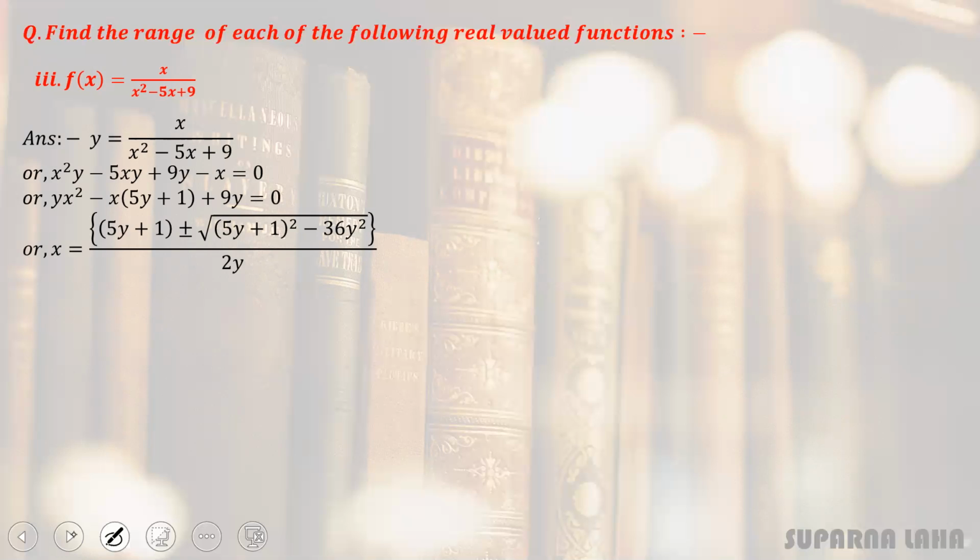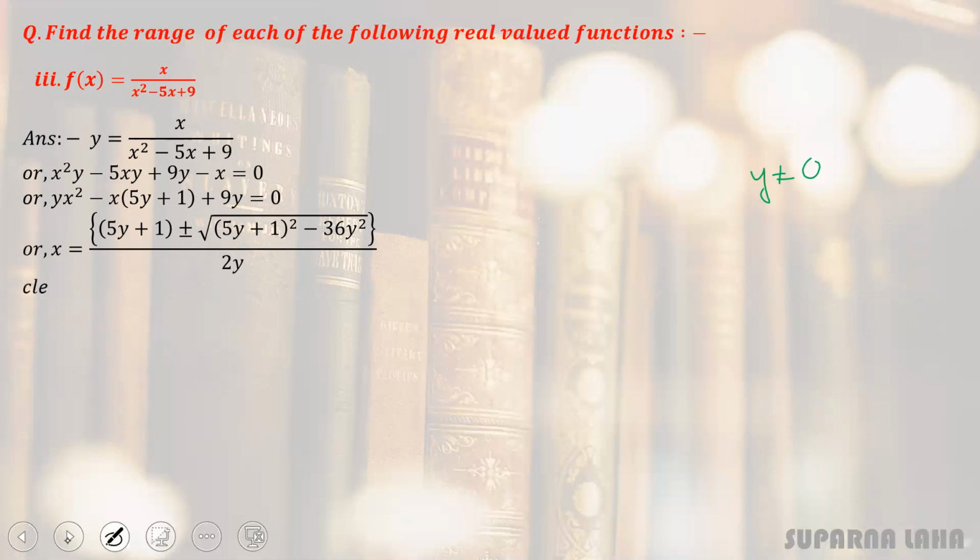Now look at it. 5y plus 1 plus minus root over of some term by 2y. That means first of all denominator will be non-zero, that is y is not equal to 0. First condition. And for real value of x, under this root sign, this 5y plus 1 the whole square minus 36y square term will be greater than or equal to 0.